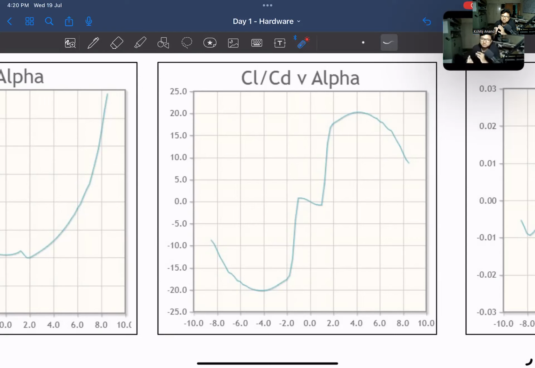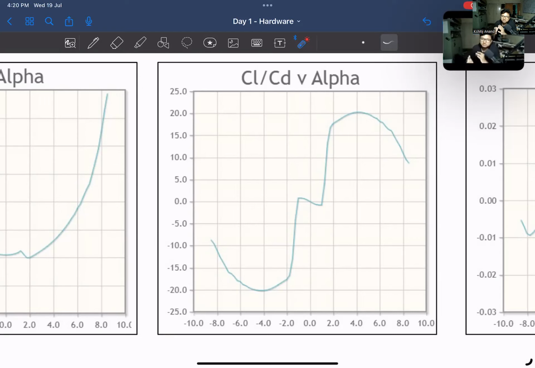I'll just draw it a little better for you to understand. If you have an aircraft, the motor is providing thrust in the front and there is drag. If you are increasing the angle of attack, the drag is increasing.